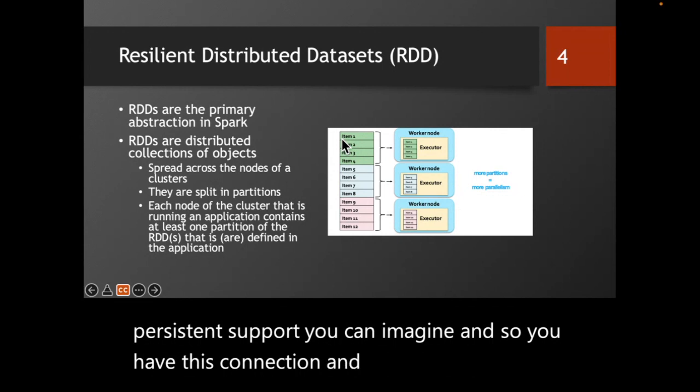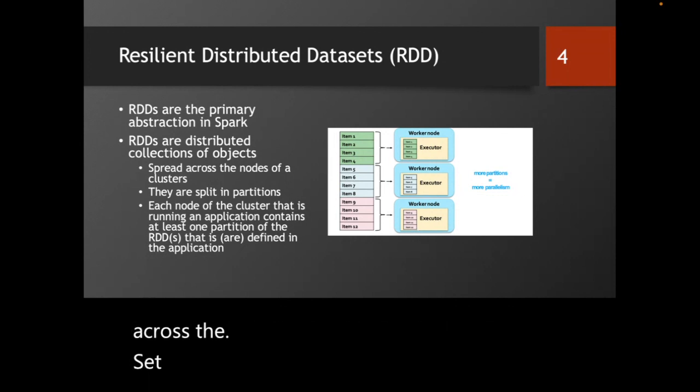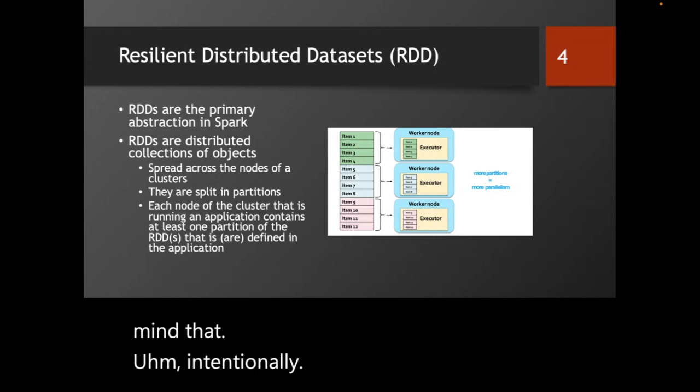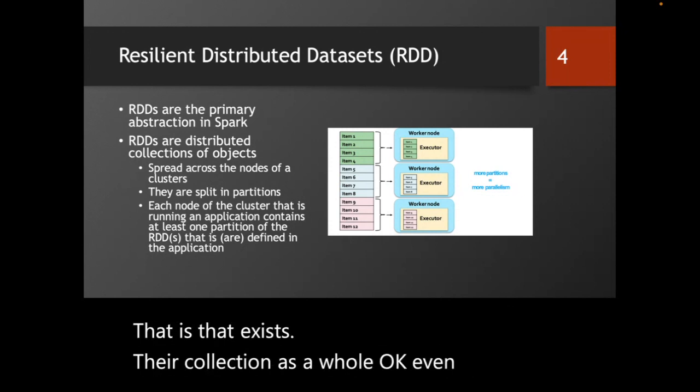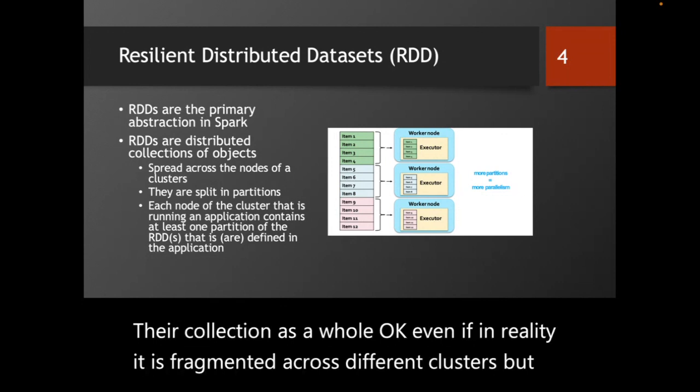And the particularity of this RDD is that it's fragmented across a set of nodes. Now, it is important to bear in mind that intentionally for the system, there exists the collection as a whole, even if in reality it is fragmented across different clusters.